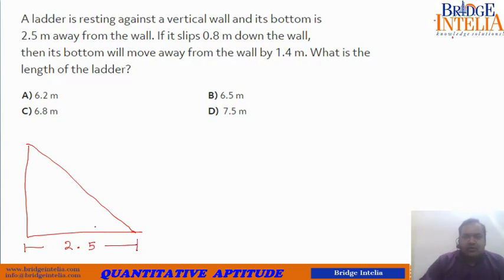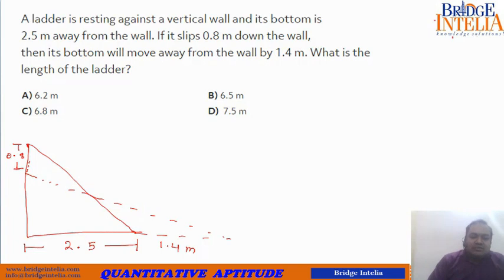If it slips 0.8 down the wall, that means the tip of the ladder comes down, it slips, by 0.8 meters, because of which there was a lateral movement of 1.4 meters. From these facts we have to find the length of the ladder.